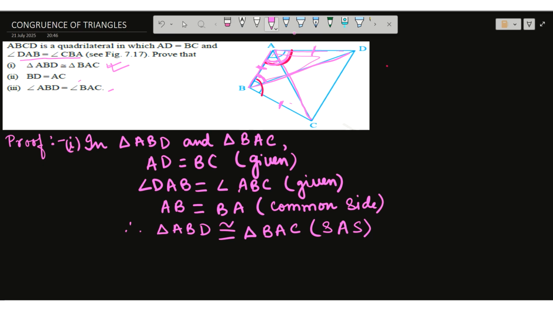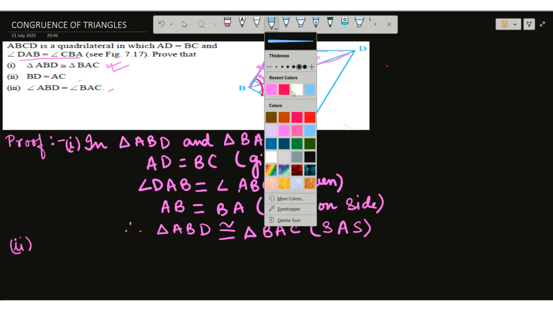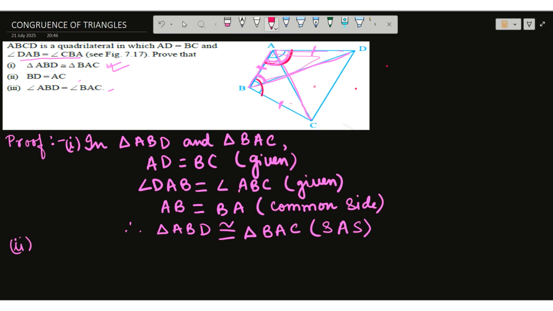Now we'll prove the second point. What do we have to prove? We have to prove that BD is equal to AC. These two sides are corresponding parts of congruent triangles only, as we can see in the diagram.